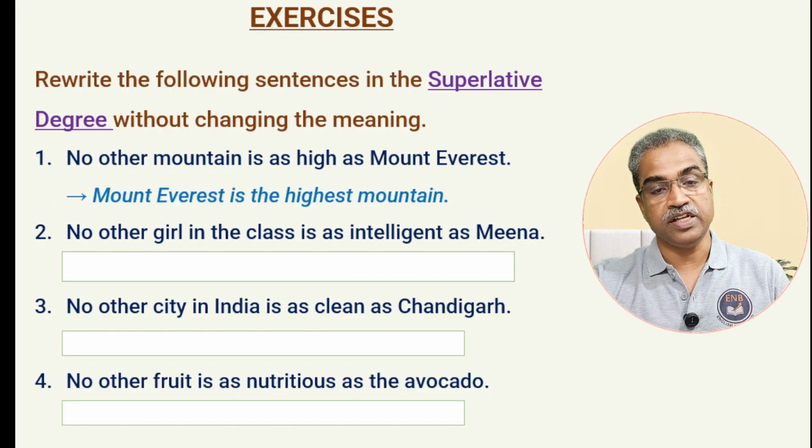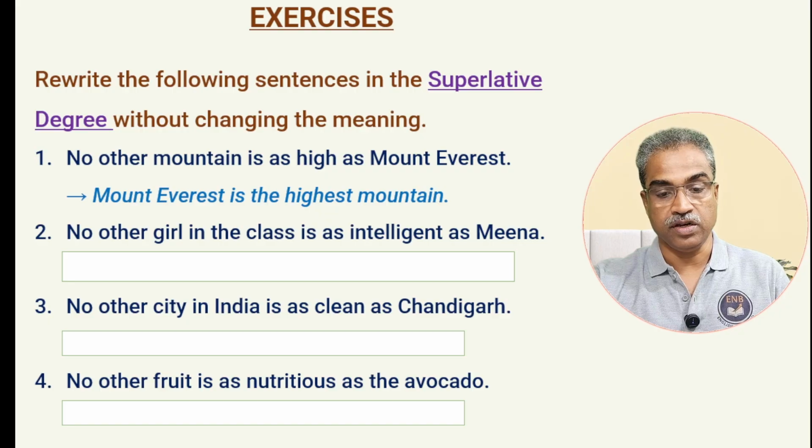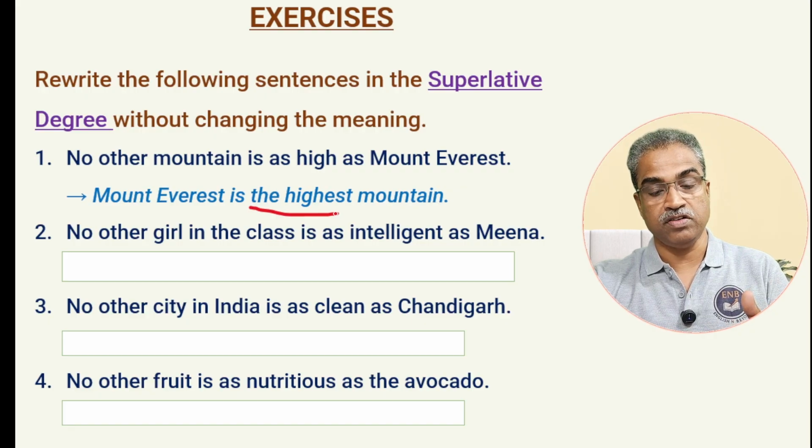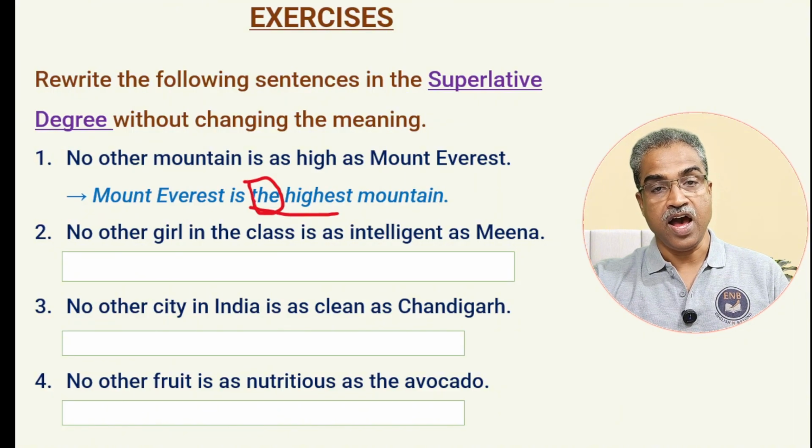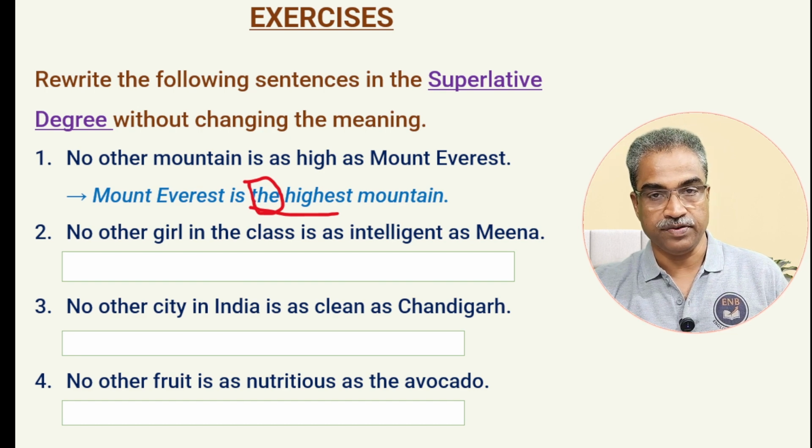See, we have used here the superlative form, high, higher, highest, and then "the" just before that. Mount Everest is the highest mountain, which means no mountain anywhere is higher than Mount Everest.